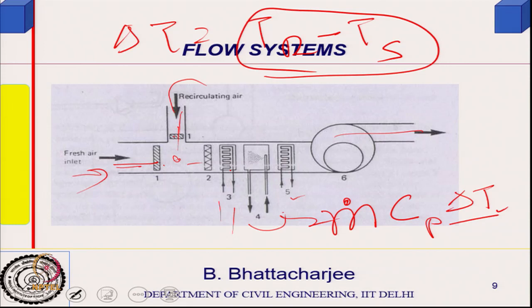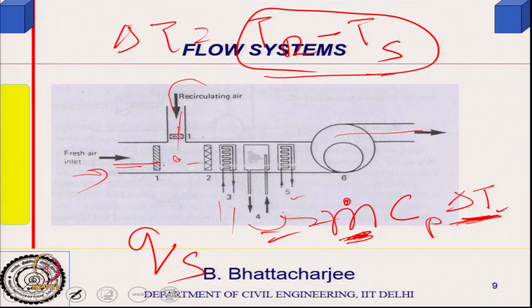Now, I can keep this high, then this will be low. What is fixed for me is how much heat I want to remove, Q sensible. Keeping delta T high means I keep my supply air temperature at a lower level.